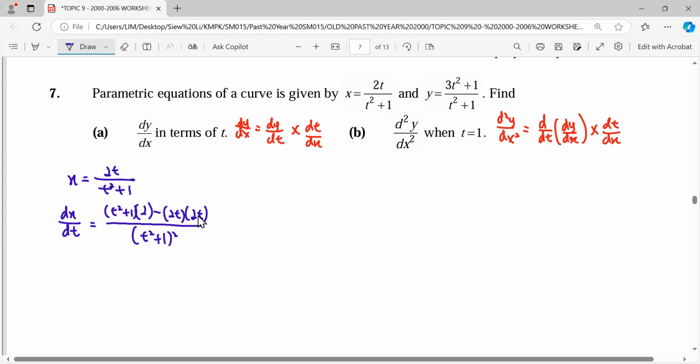So t squared becomes 2t. Then denominator squared. Then we simplify here. As you can see, we cannot factorize any common factor, so we are going to expand it.